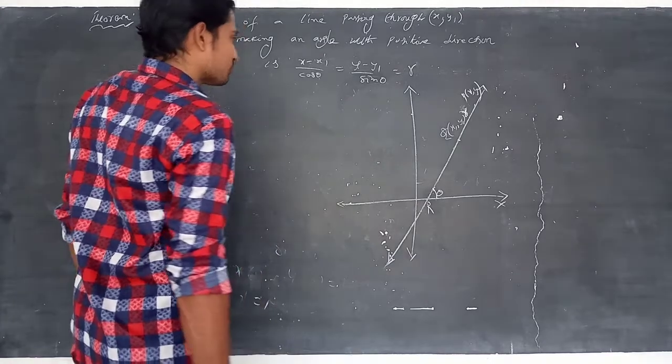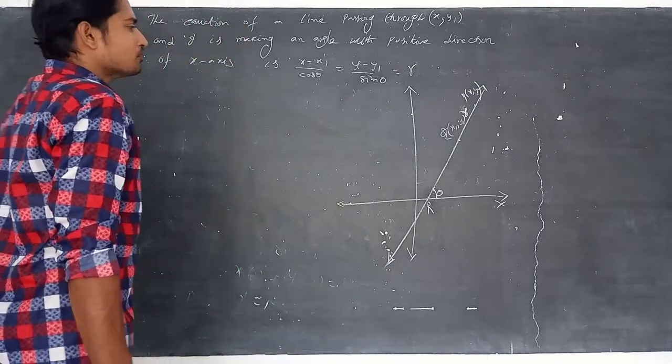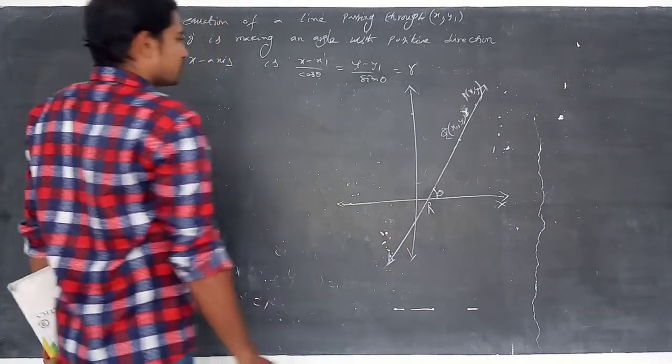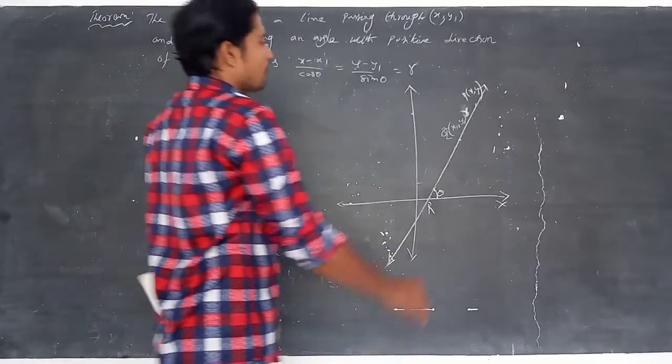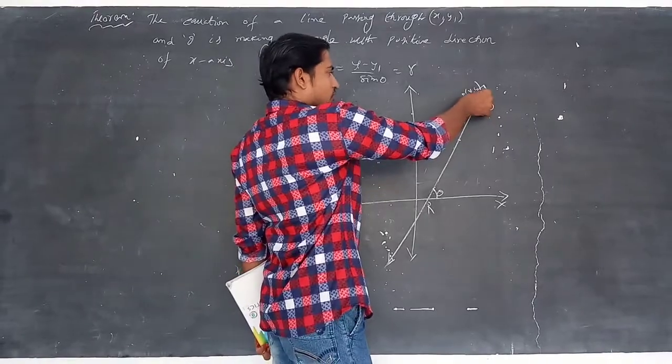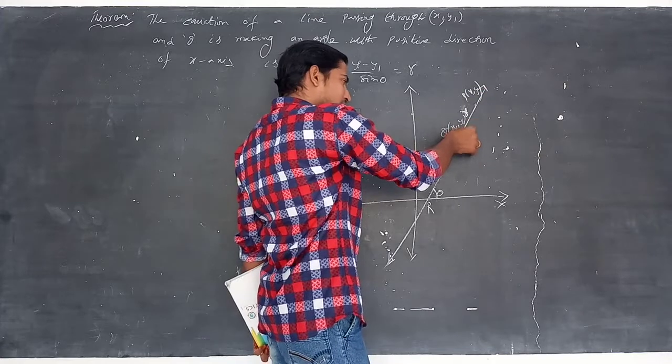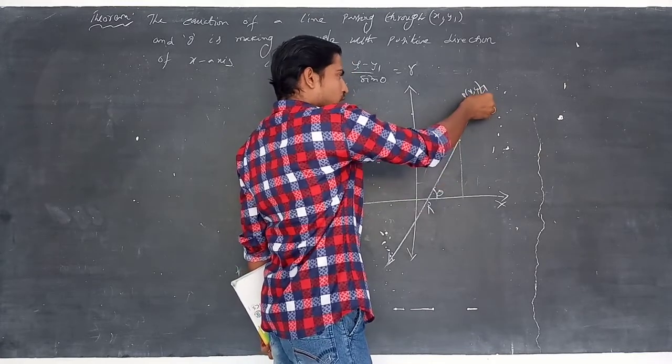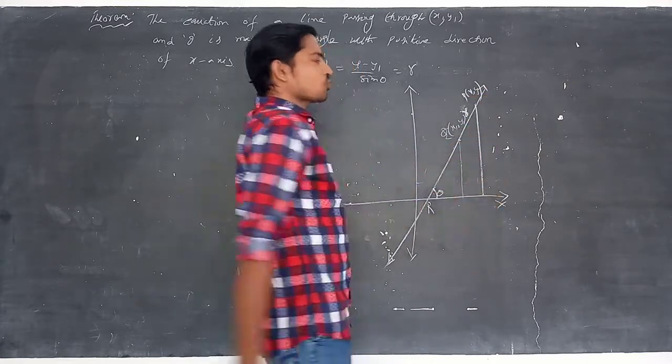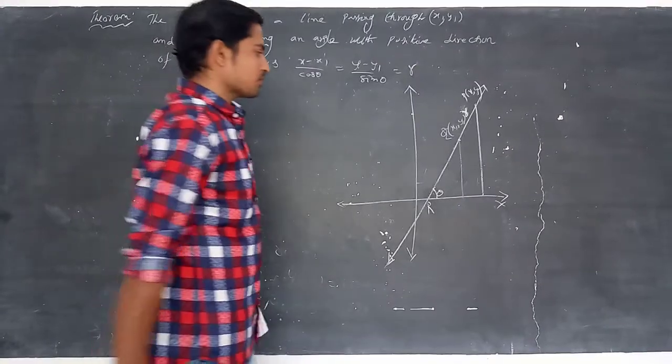Next, let us see the proof. Draw two perpendiculars, from Q to the x-axis and from P to the x-axis.